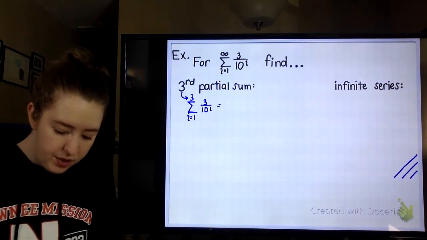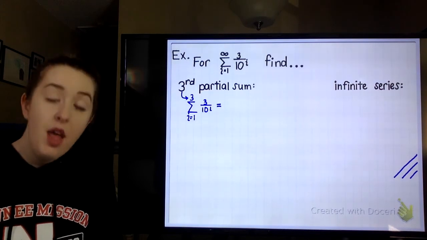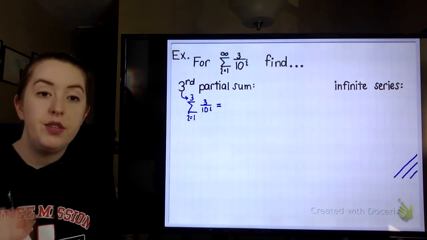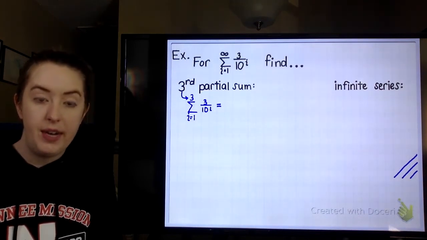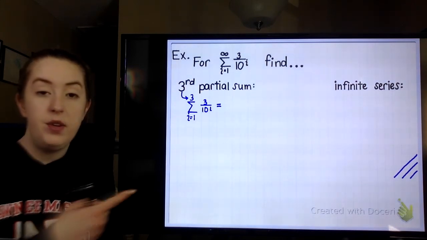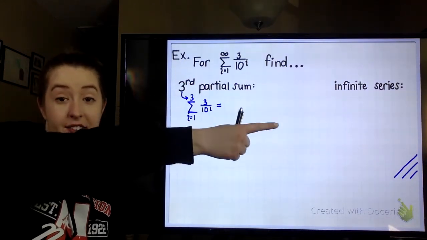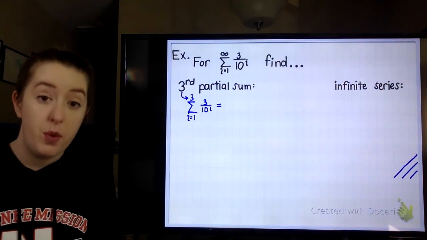Now I can absolutely pop this into my calculator, but I want to go ahead and write these values out and show you how I get this answer, because then when we go ahead and solve this as an infinite series, it's going to make a lot more sense.